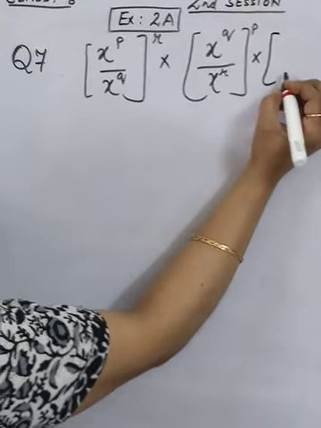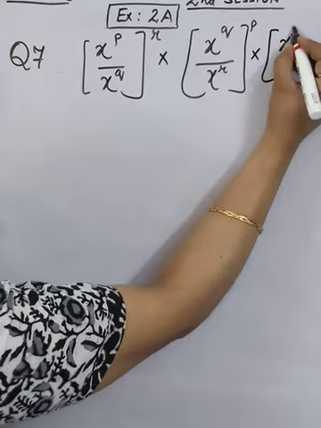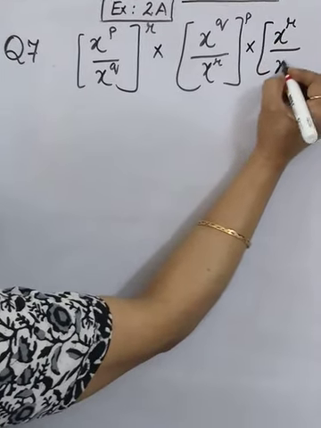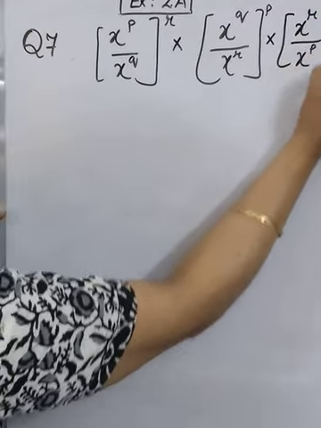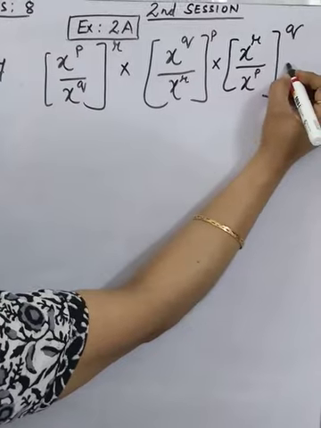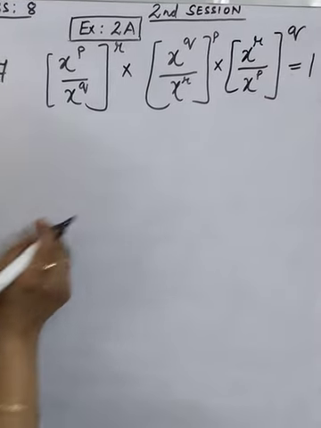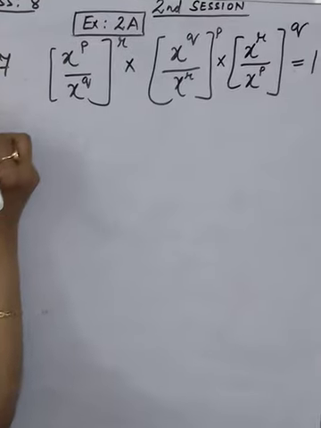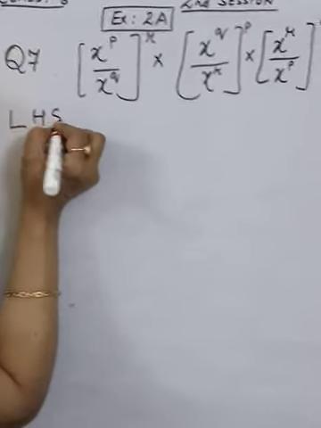Next is x to the power r upon x to the power p and whole to the power q is equal to 1. We need to prove it. We copy down the LHS expression firstly.